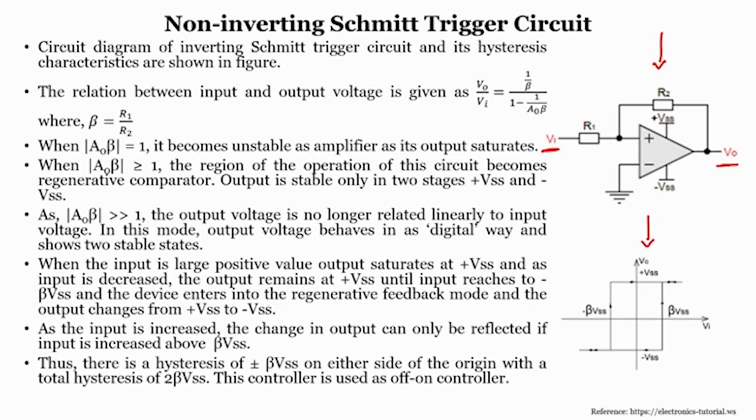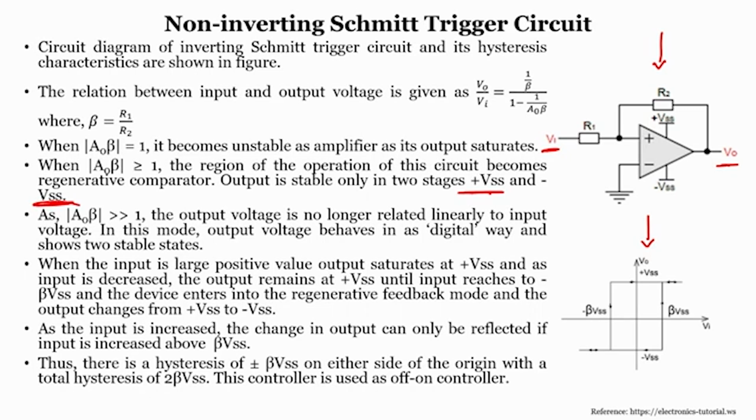Let us consider the same things that we considered for the inverting Schmitt trigger. First, mod of A_O times beta is equal to 1. In this case the circuit becomes unstable as an amplifier and its output saturates. In case of mod of A_O times beta greater than or equal to 1, the circuit becomes a regenerative comparator and output is stable only in two states, plus VSS and minus VSS.